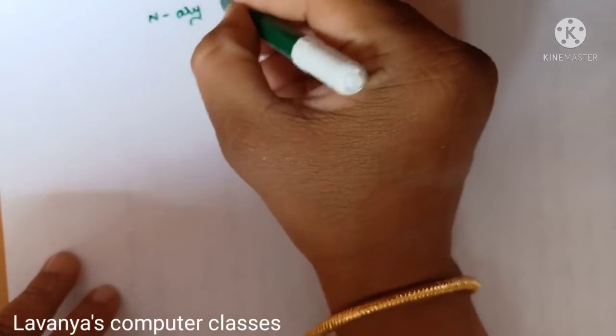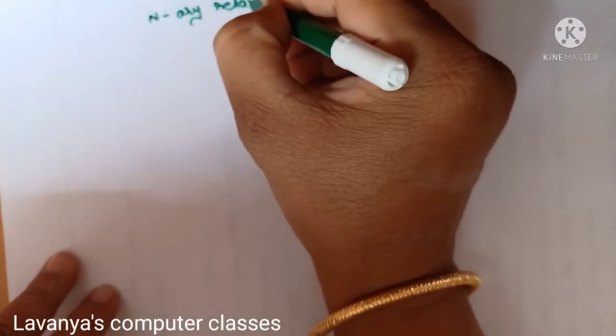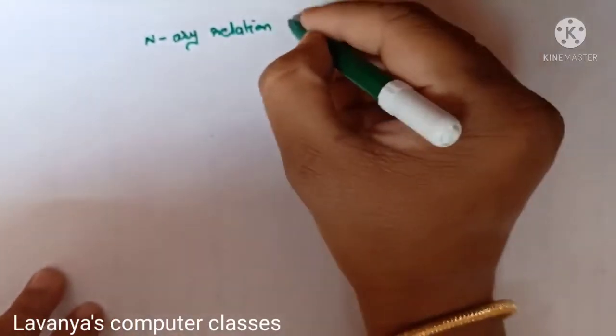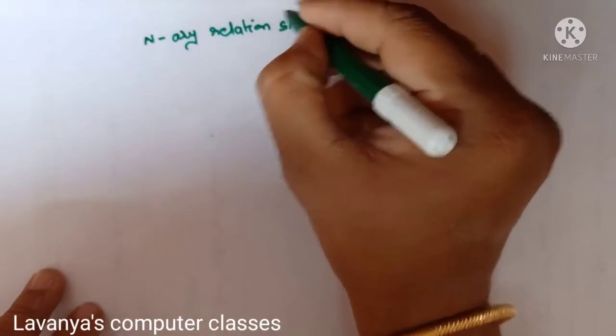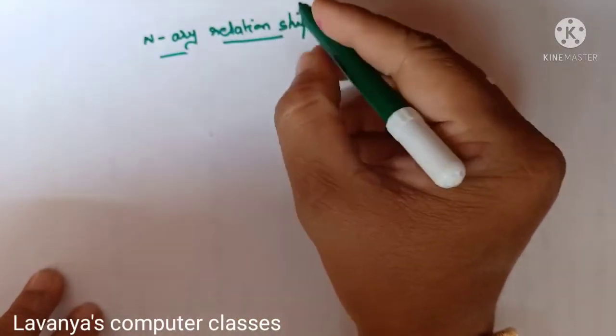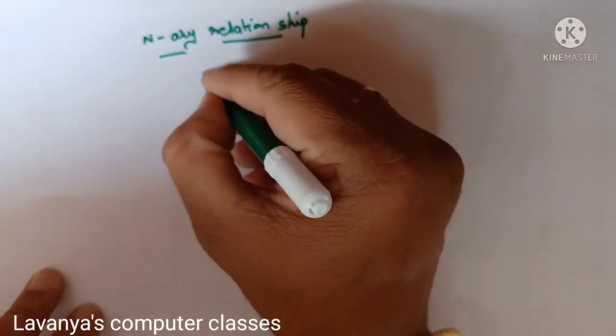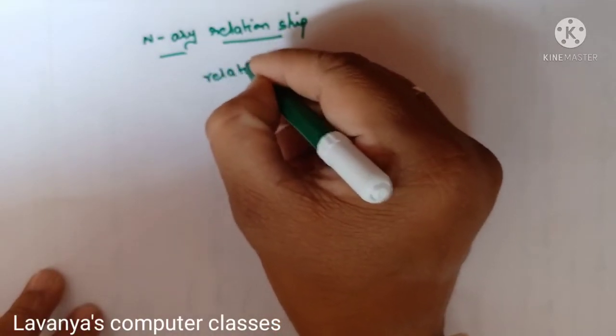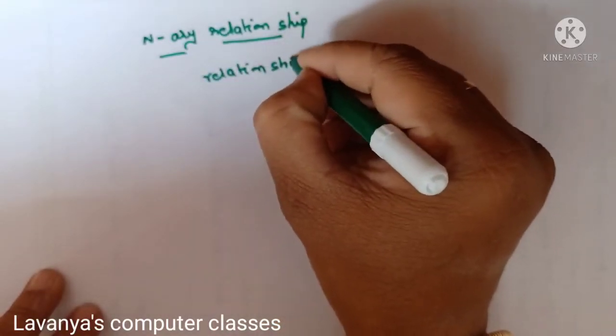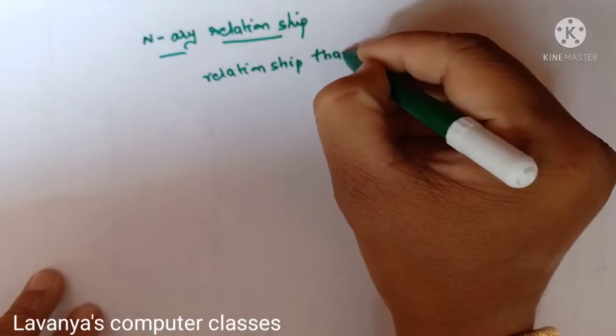Last relationship is n-ary relationship. What does n mean? Here n is any number other than 3, because 1 entity set means unary, 2 means binary, 3 means ternary. Other than 3, any number is called an n-ary relationship.